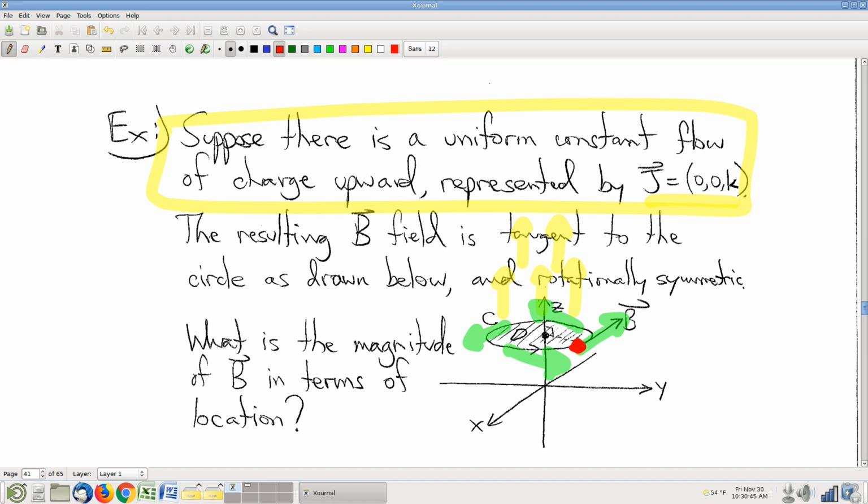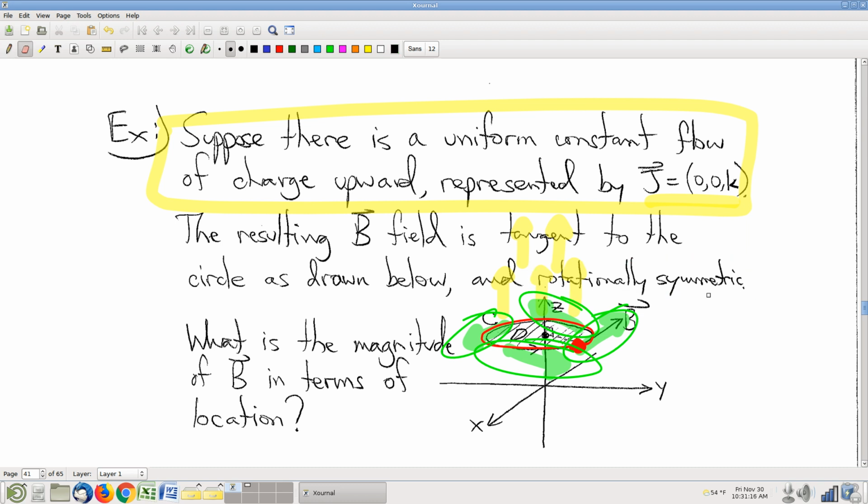At that point, if you were to make a circle that goes through that point, centered on the z-axis, with the circle entirely horizontal, the B field is always tangent to that circle. It's also rotationally symmetric, so the magnitudes of these vectors, all of these points being on that same circle, all the same distance from the z-axis, have the same magnitude.